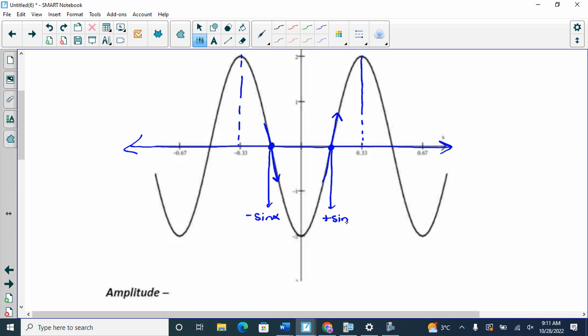If the min to the max gets me to 0.33, what's half of that? 0.33 over 2, which is 0.165. So for the negative sign, I'm going to put plus 0.165. For the positive sign, I'm going to put minus 0.165, right?